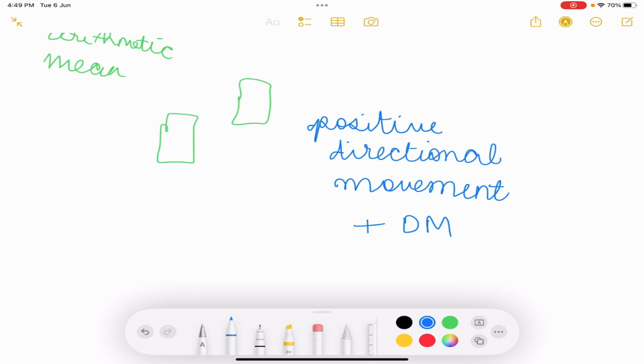Why? Because the current day's high is more than the previous day's high. In that case, it is a plus DM, which means a positive directional movement.